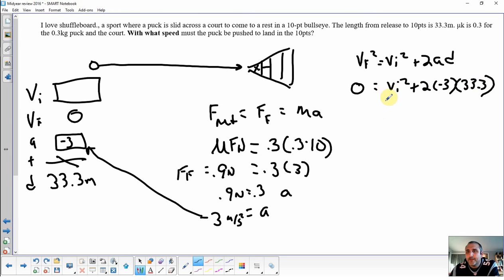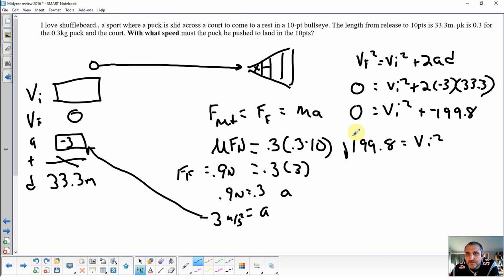Okay, 33.3 times 6 is 199.8, so 0 equals VI squared plus negative 199.8. We add 199.8 to both sides, and then take the square root, and we should end up with a VI of 14.1 meters per second.